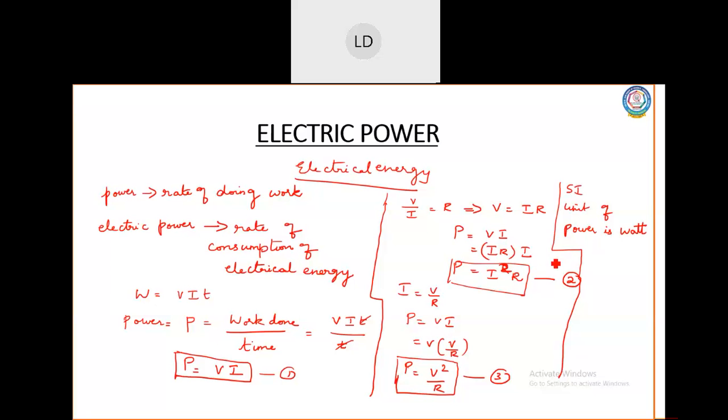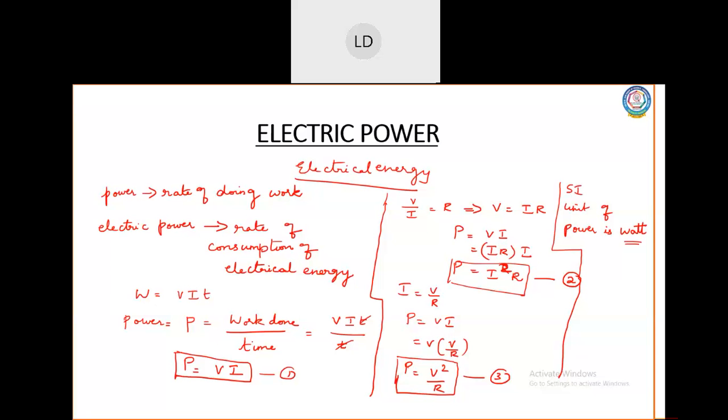Okay, and for measuring electrical energy, we will not use the SI unit of power. Instead, we go for what is called kilowatt.